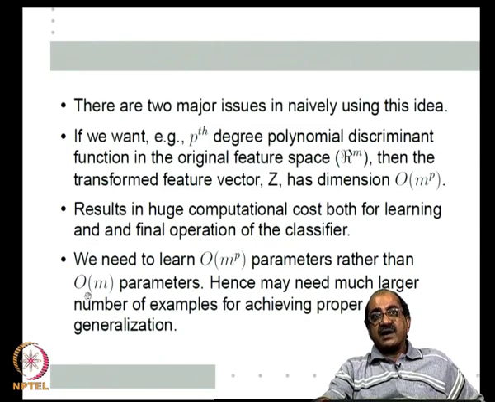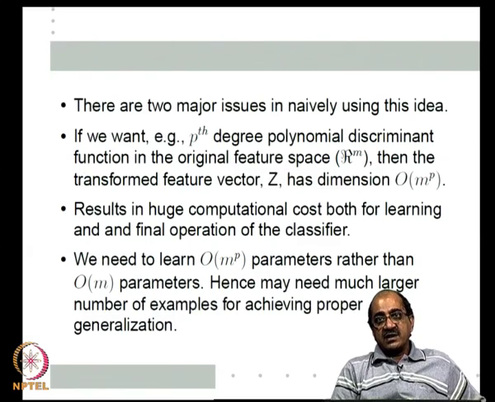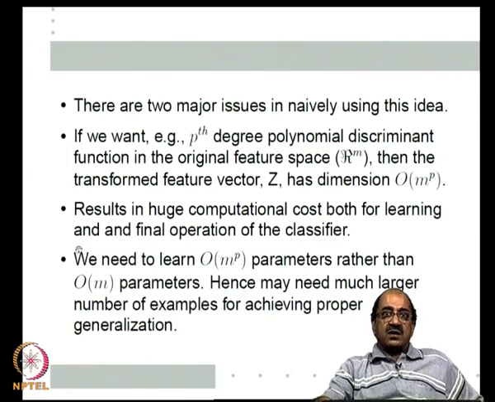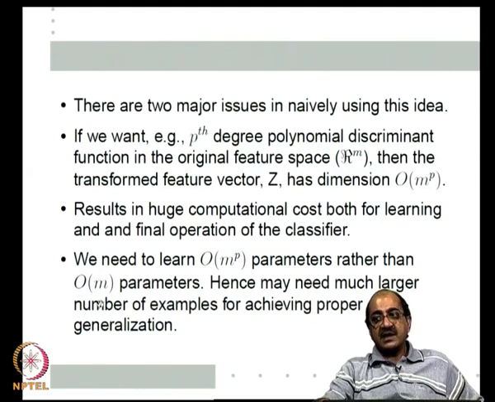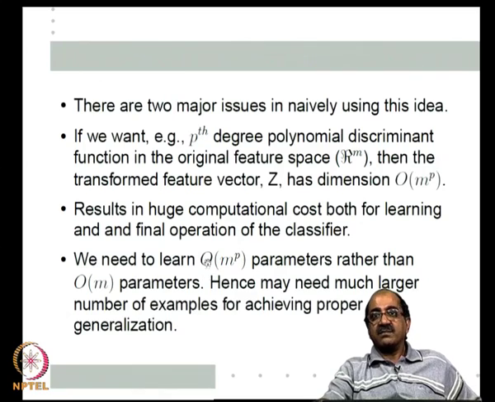Now, to learn 100 parameters, based on our VC dimension, the VC dimension of hyperplanes is of the order of the dimension of the space, actually dimension of the space plus 1. So, in the 100 dimensional space, the family of hyperplanes will have VC dimension 100. So, maybe I need 1000 examples. Here, because the space has dimension 1 million, I may need 10 million examples. 10 million examples are huge, we can't get them.